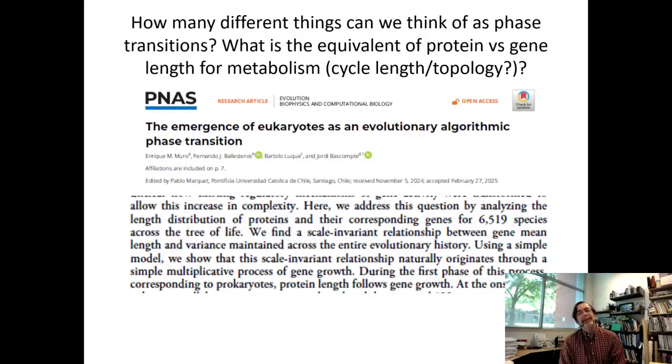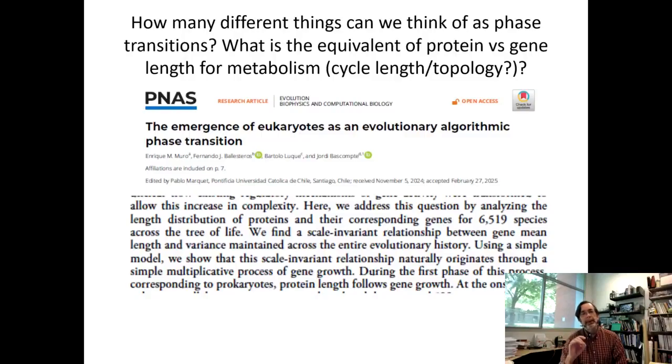So how many different things can we think of as phase transitions? This is fascinating because I literally saw this by chance on my social media feed today. There are other people that are looking at other steps in evolution as phase transitions. And the question is, how do you measure whether you're a eukaryote or a prokaryote, which phase of evolution you're in? How do you measure that with a quantitative number?